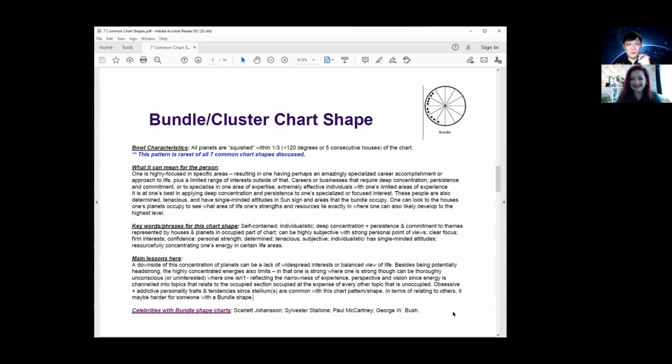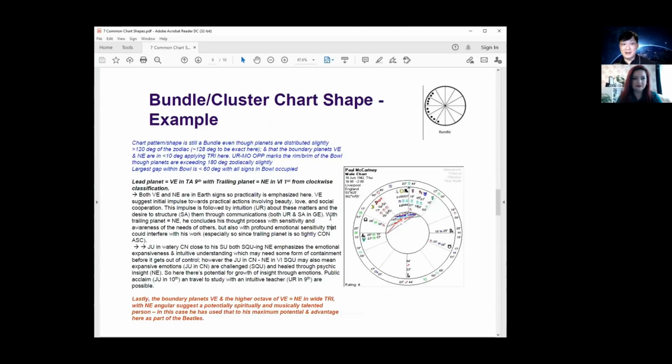And I've also put down here the celebrities with this bundle or cluster chart shape, like yourself, which are Scarlett Johansson, Sylvester Stallone, Paul McCartney, and George W. Bush. For the example, I've pulled up Paul McCartney's chart to see whether his chart fits the bundle or cluster chart shape.